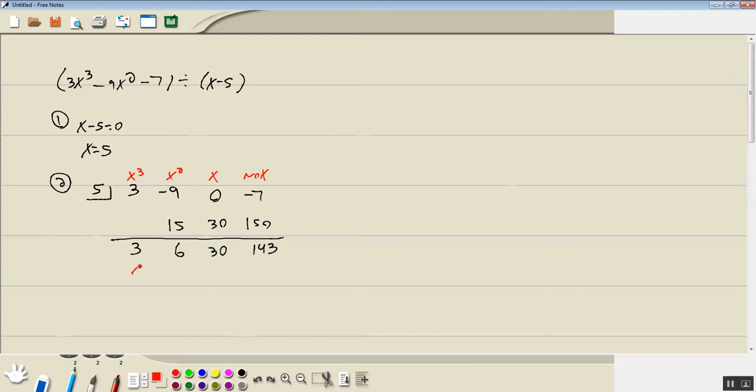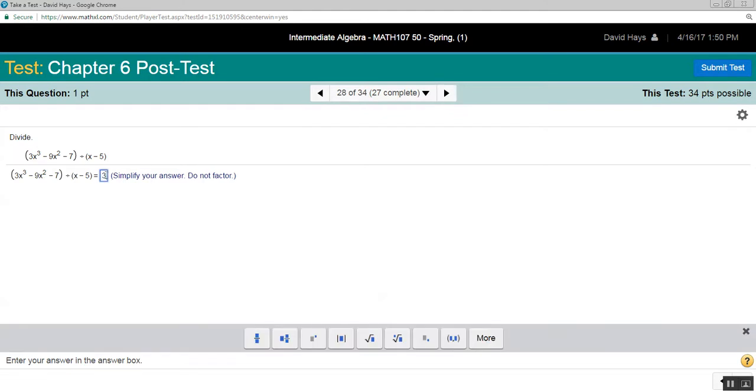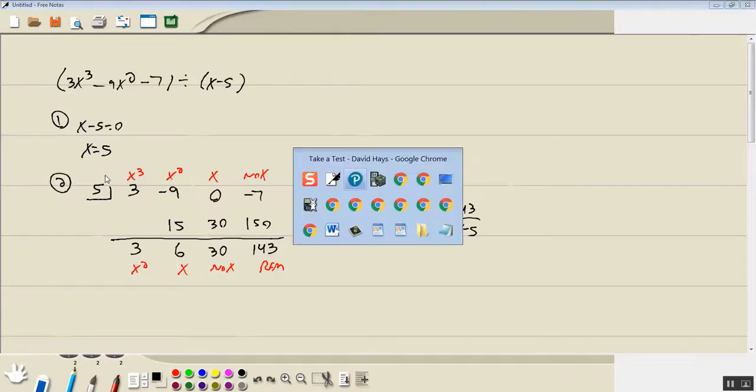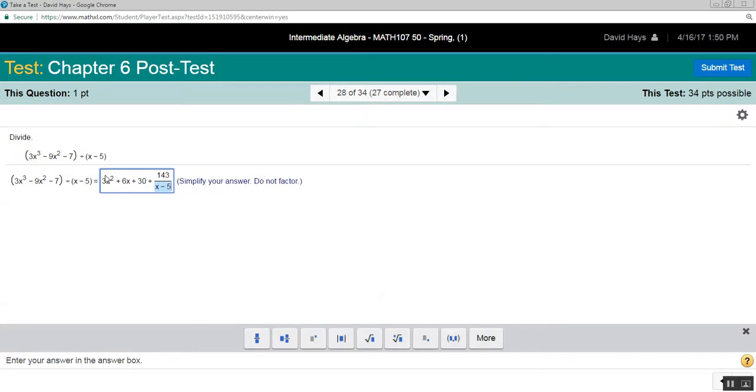This was x to the third, this is 1 degree lower, so that's x squared, this is x, this is our no x, and this is our remainder. So our answer will be 3x squared plus 6x plus 30, and we take our remainder, which is 143, and divide by what we're dividing by. So 3x squared plus 6x plus 30 plus 143 over x minus 5.